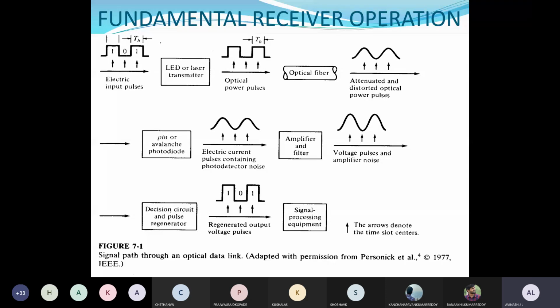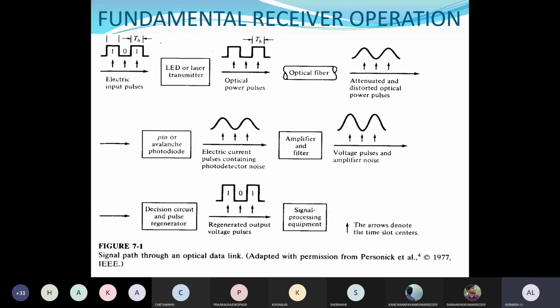A high value will be converted to 1 and a low value will be considered as 0. So after the decision circuit and pulse regenerator, what we get is regenerated output voltage pulses. You can see in the third row the regenerated output voltage pulses, in which 101 has been generated.